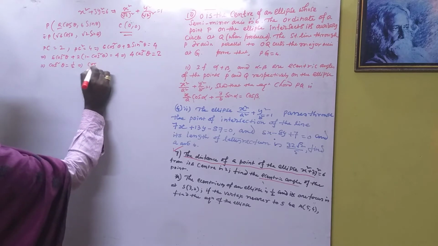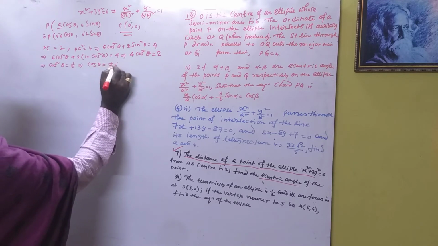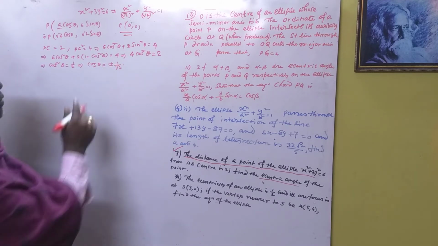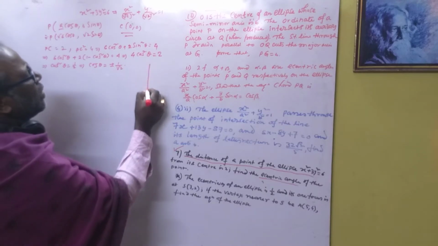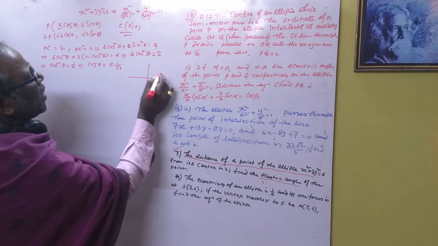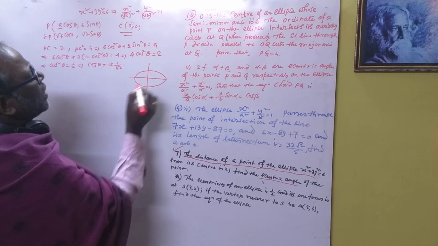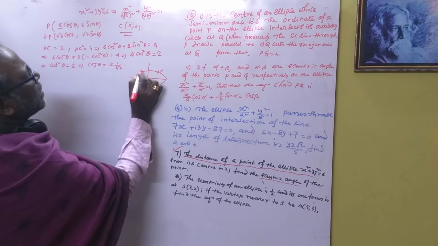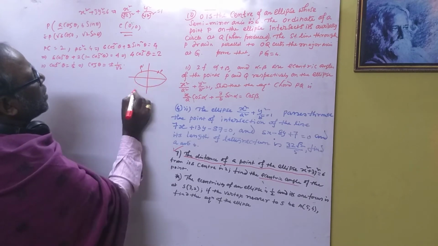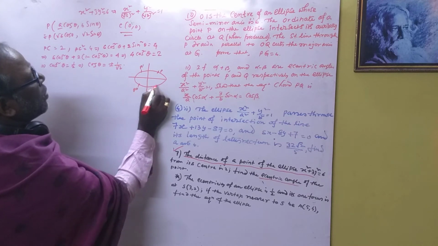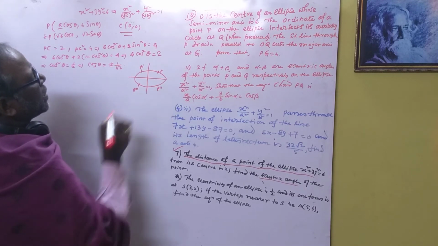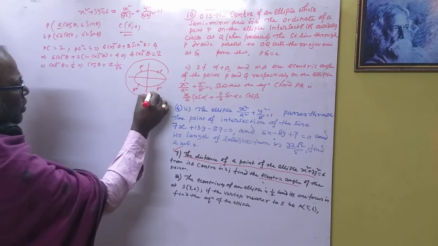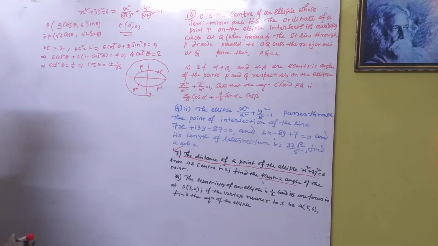Therefore cos theta is equal to plus minus 1 by root 2. So there are two signs. For the ellipse, if this is the drawing, there are four positions of P here: P, P dash, P double dash, and P triple dash.